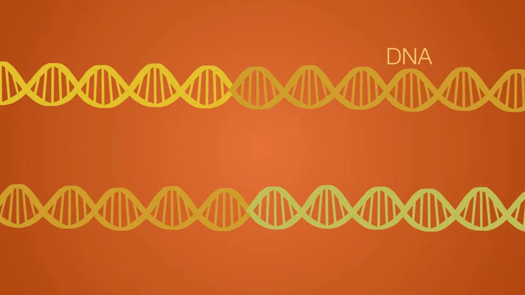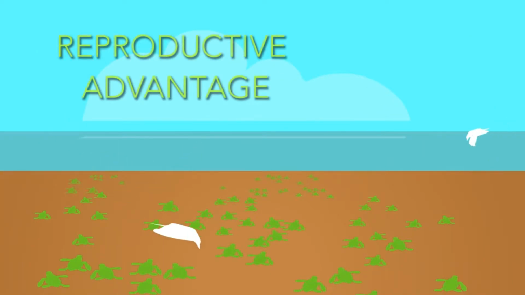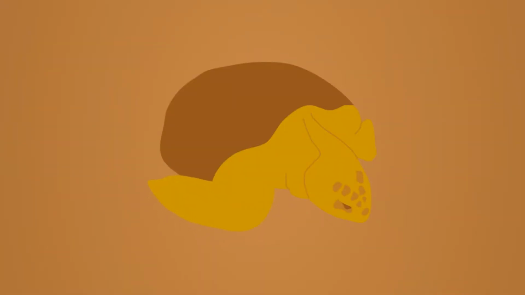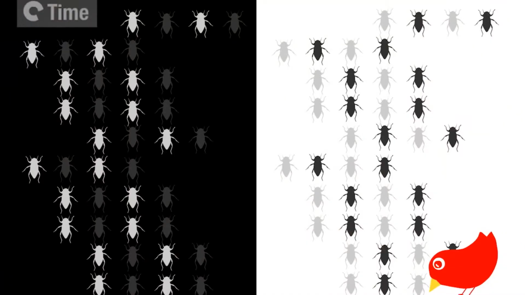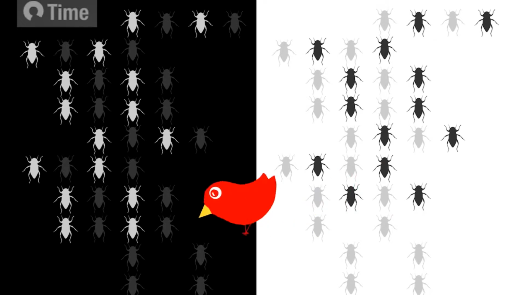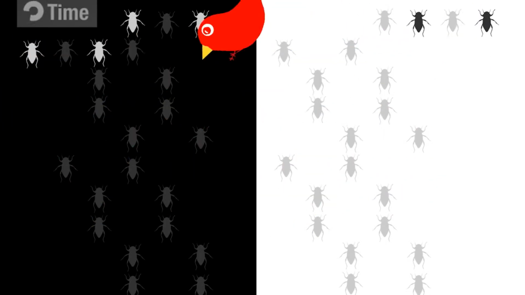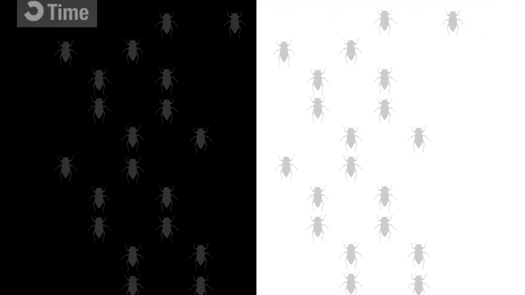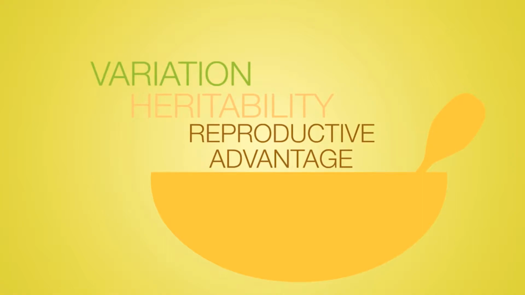Heritable differences are written in DNA. Reproductive advantage means that individuals with a certain trait are more successful at reproducing than others. Those with the most favorable traits reproduce, passing their genes to the next generation. Over multiple generations, unfavorable variations decrease in a population, and favorable ones become more common. If any of these ingredients are missing, then it's not natural selection.